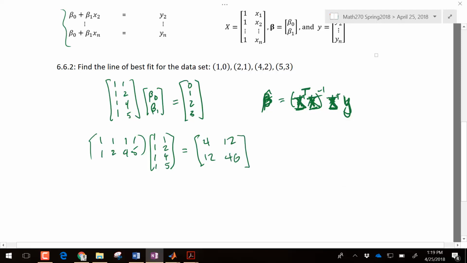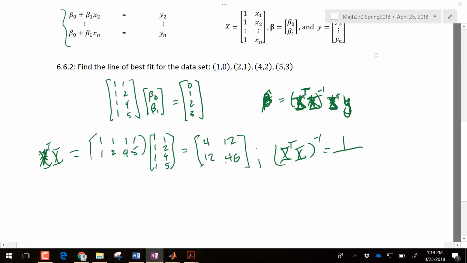All right. Now this is X transpose times X. So it's a 2 by 2 matrix. We should be able to find the inverse of this, right? Remember how to find the inverse of 2 by 2 matrices? X transpose times X inverse is equal to 1 over the determinant.